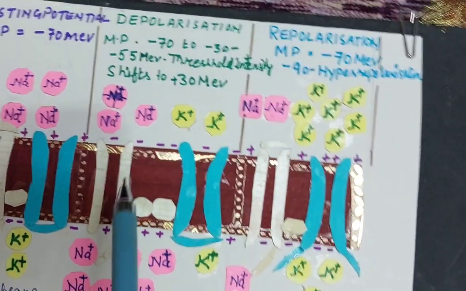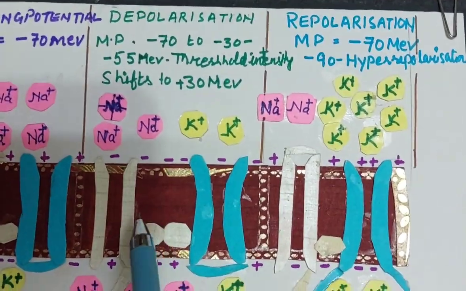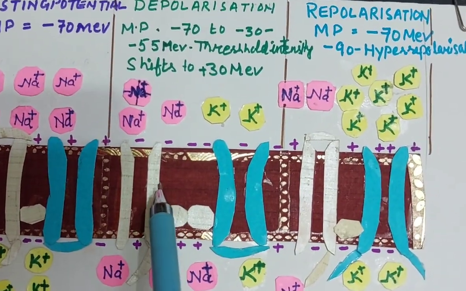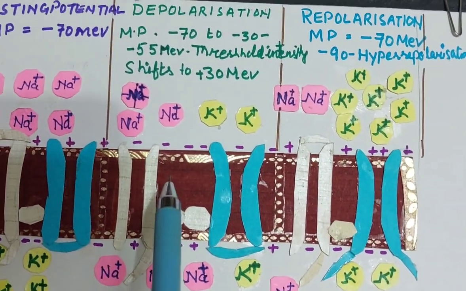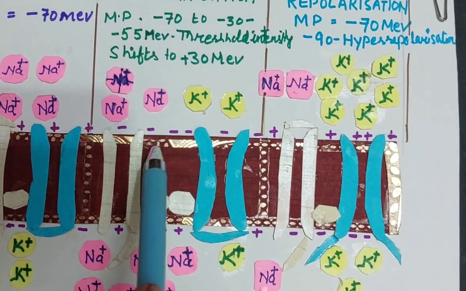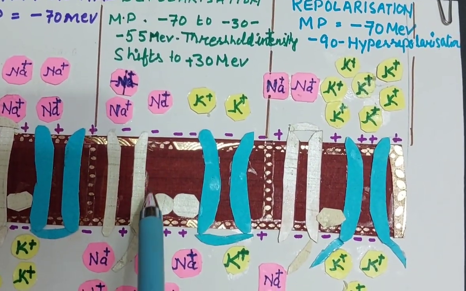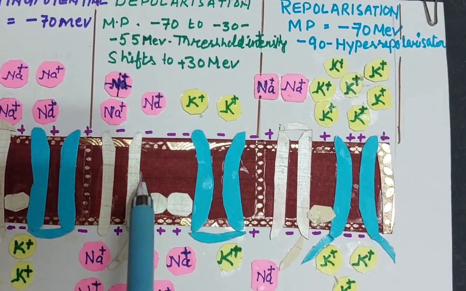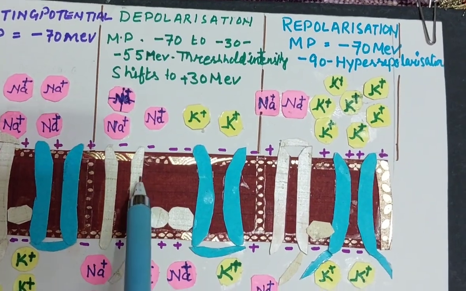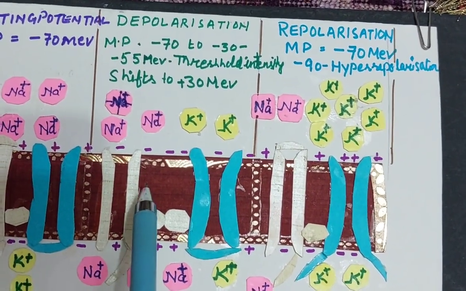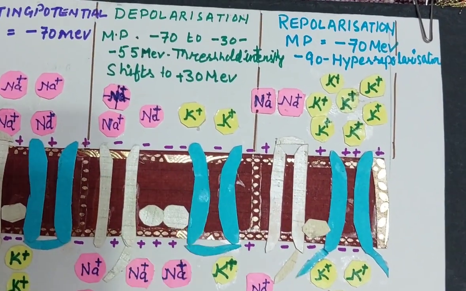When the -55 potential difference occurs, that is called the threshold intensity, and that is needed for the action potential. Now what will happen? The voltage gated sodium channels will also open.